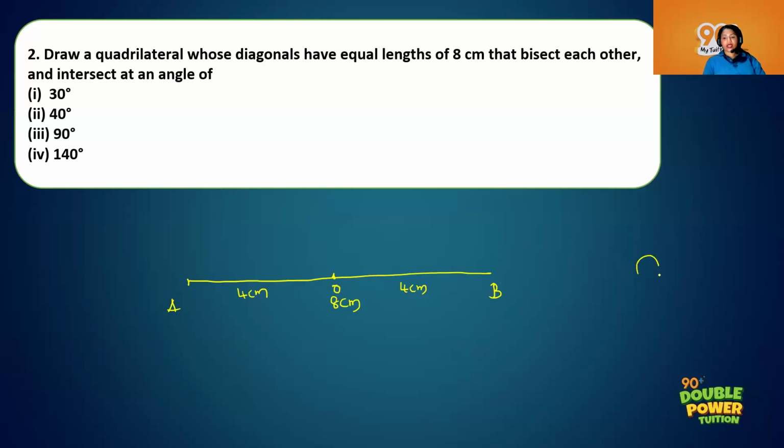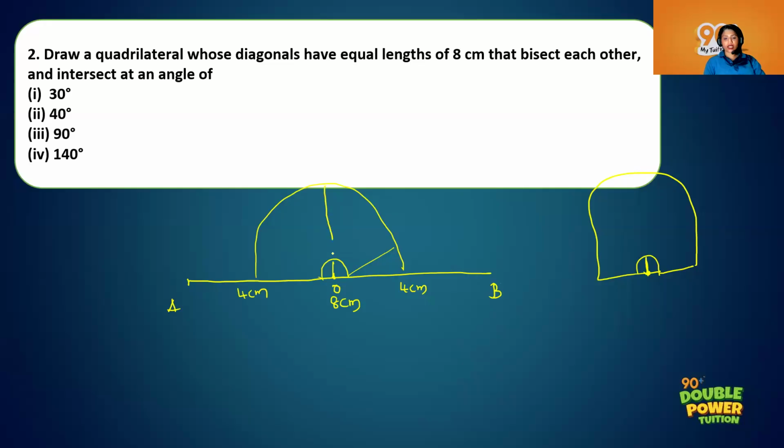This is the shape of your protractor, somewhat like this. There is a line like this, and a point. You have to keep this point here. The protractor has lots of measurements like 20 and so on.